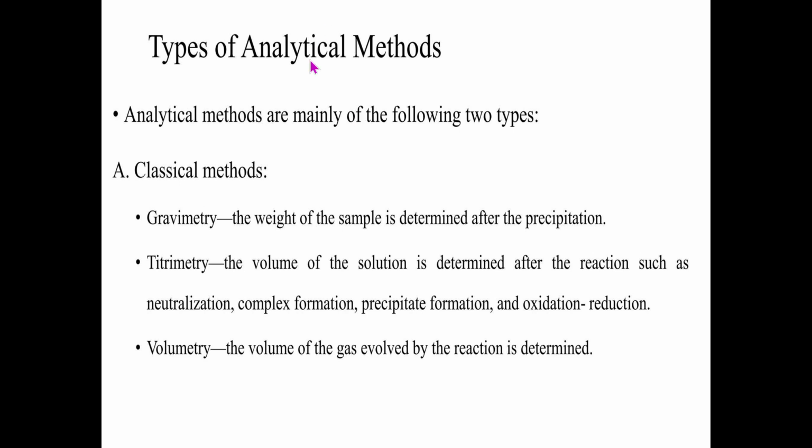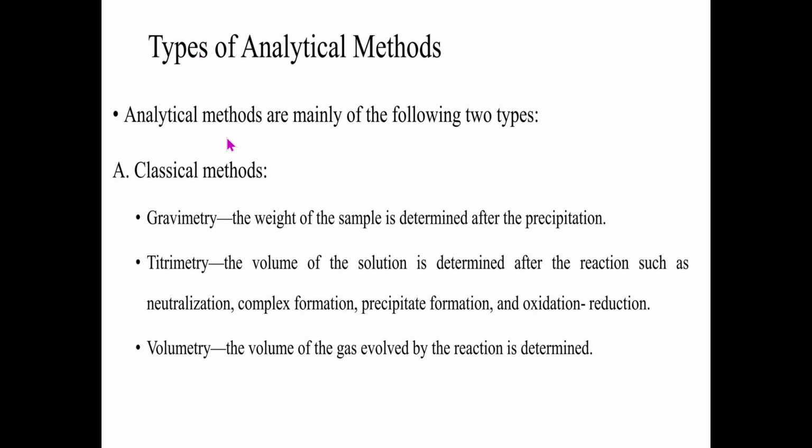So, basic types of analytical methods. Just now we have discussed the classification points of pharmaceutical analysis. Now we are going to discuss the types of analytical methods through which we can identify and determine the presence of a particular active pharmaceutical ingredient, determine its concentration, and so on.